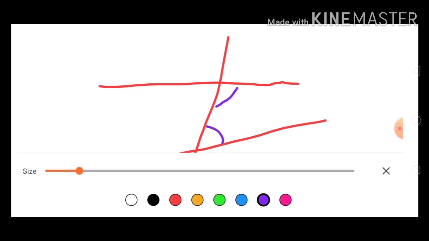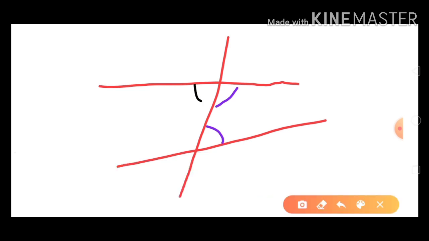These are the interior angles on the same side of the transversal. Okay, one more: this angle and this angle, so these are interior angles on the same side of the transversal.